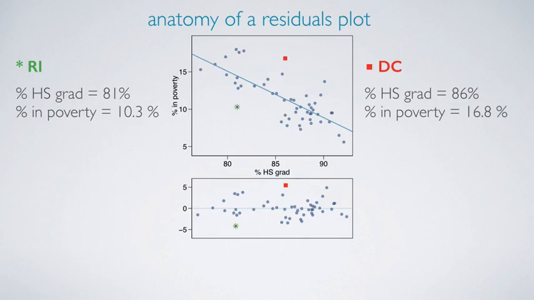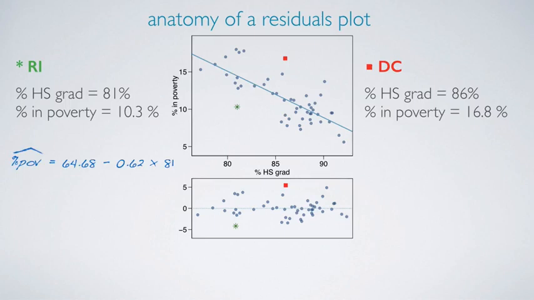Since previously we looked at the residuals of Rhode Island and District of Columbia for the relationship between poverty and high school graduation rate in the US, we'll stick with those to exemplify how we build a residuals plot. In Rhode Island, the observed high school graduation rate is 81% and the observed rate of poverty is 10.3%. Using our linear model, we can calculate what the predicted rate of poverty would be for Rhode Island.